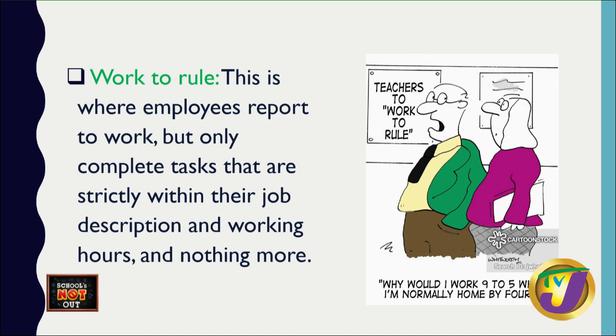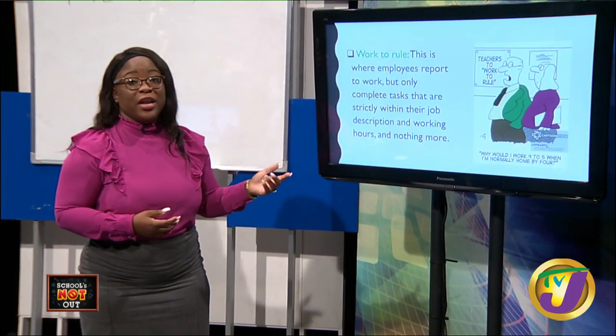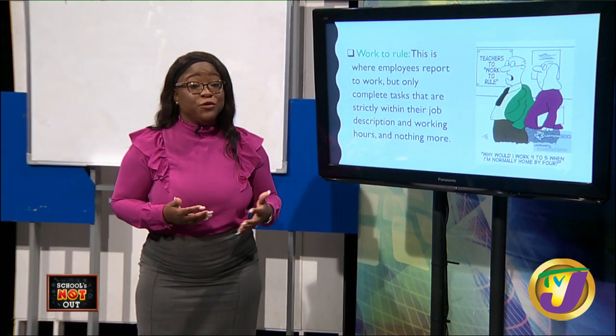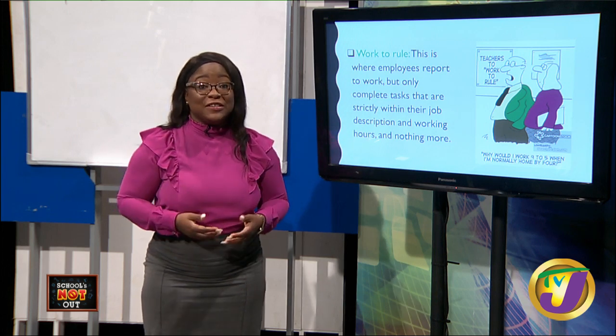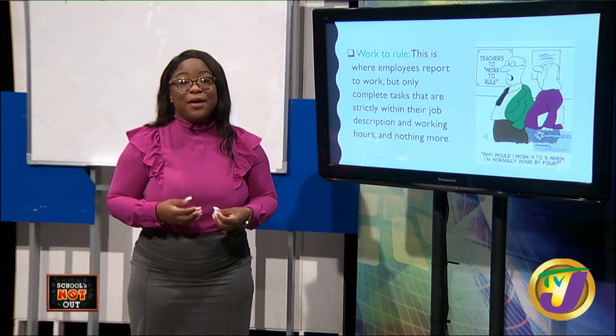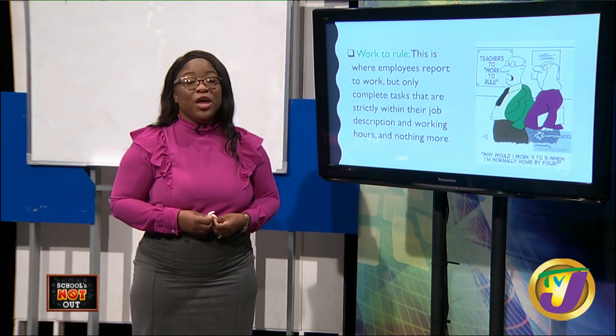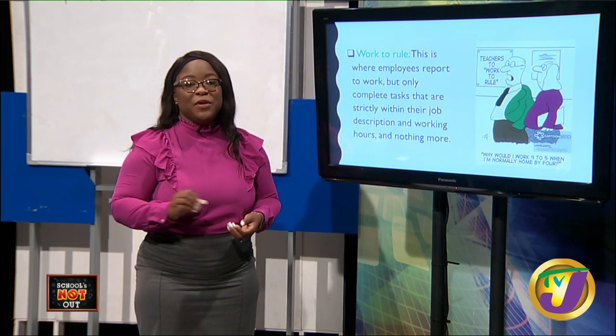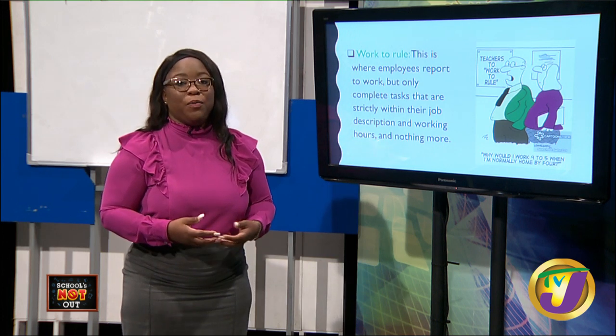Now, it is the hope of every employer that employees really go above and beyond the call of duty, give it their best shot, work overtime. They're reliable. You can always count on them to go outside of their stipulated duties when called upon.